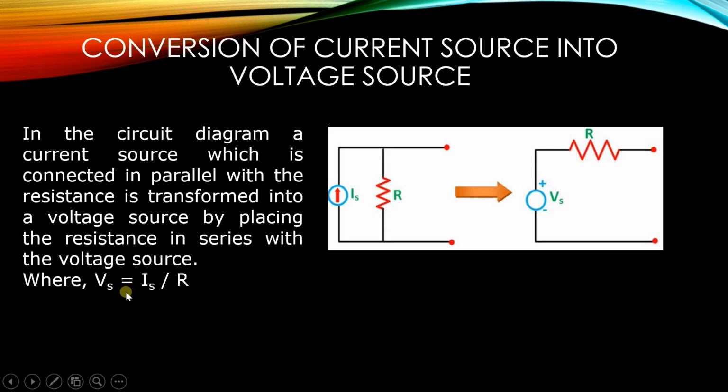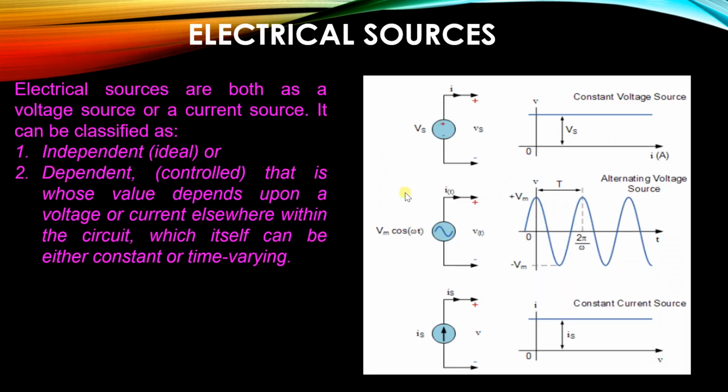So voltage is equals to I into R. I means the current source and R is the resistance, which here we are considering in parallel. From here we find out the voltage source, this we put here, and the resistance value R is considered same as here we considered in the current source circuit. So this is how we convert current source into voltage source.